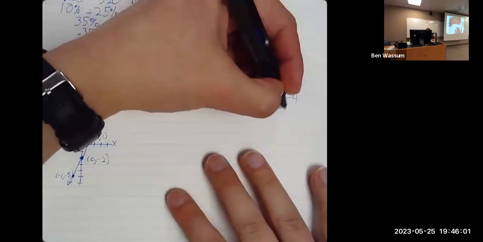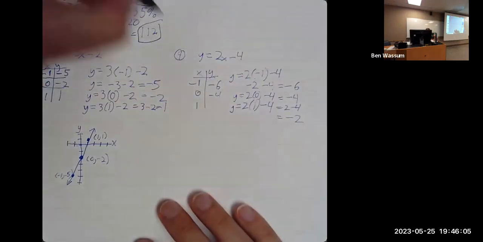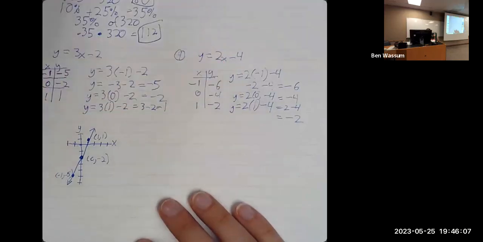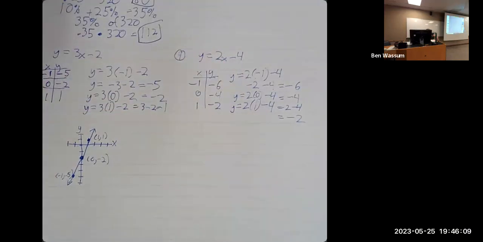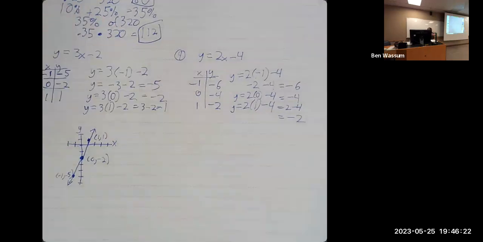So I get 2 minus 4 is a -2. You actually see kind of a pattern happening. On the last one, these points were all 3 apart on our y. And this one, these are all 2 apart. There's a reason for that, kind of ties into the next stuff called the slope.